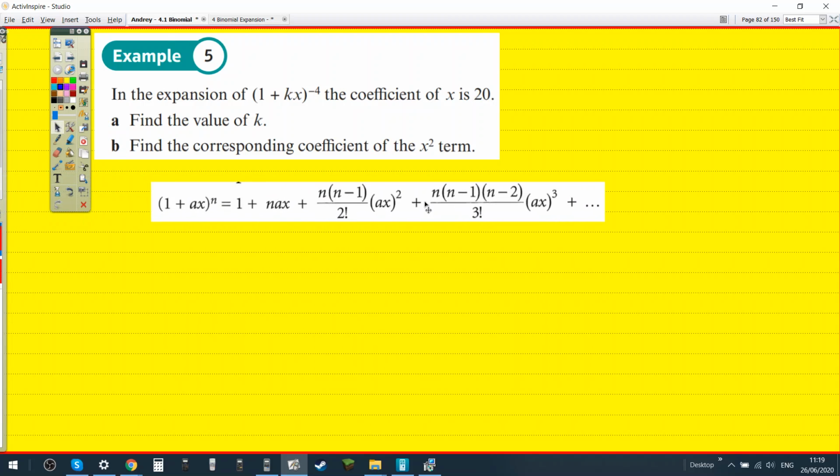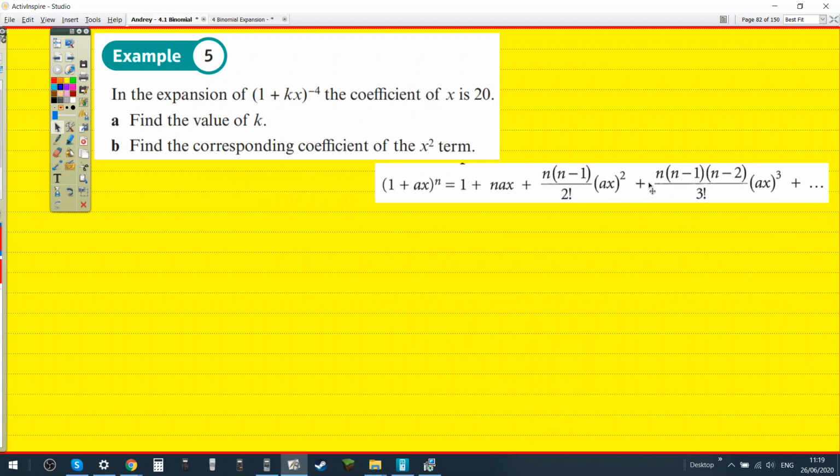Do I need to use the formula here again? Yes, they want the coefficient of x, so you can do just the x term. So is that just k times -4 times x?